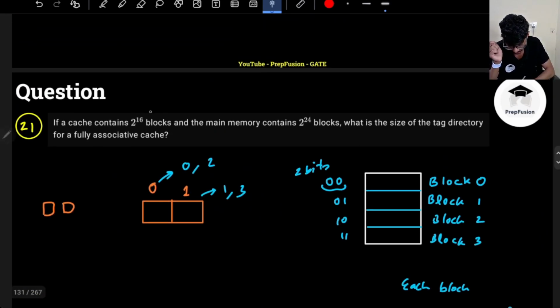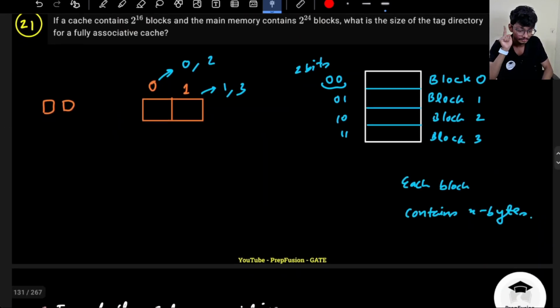In the question they have told me the cache has 2 raised to power 16 blocks, but my main memory contains 2 raised to power 24 blocks. To uniquely identify all of these 2 raised to power 24 blocks, how many bits will I require?